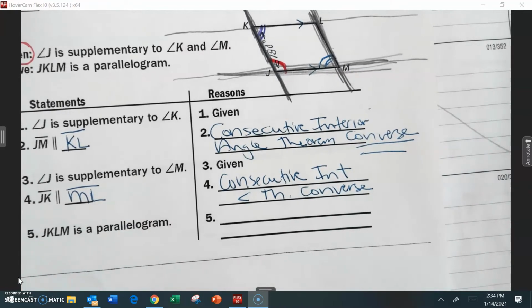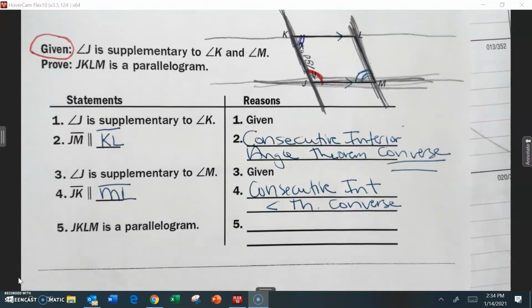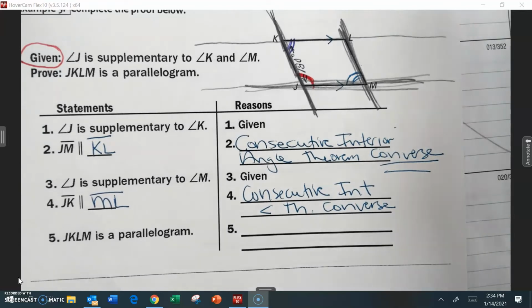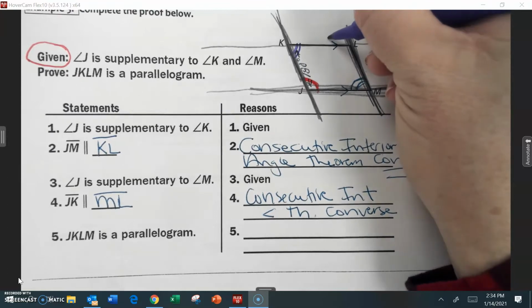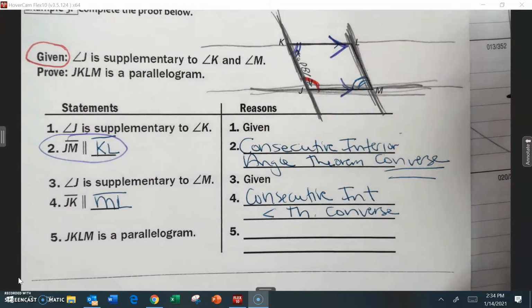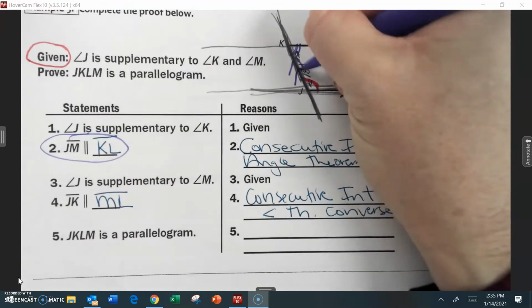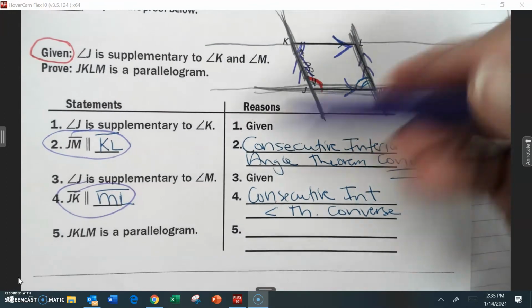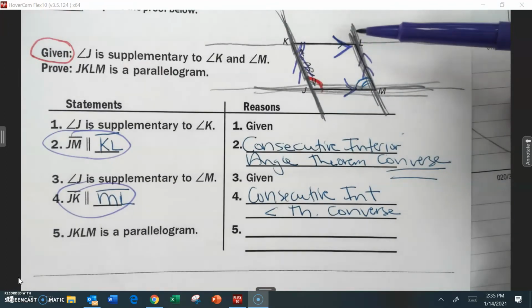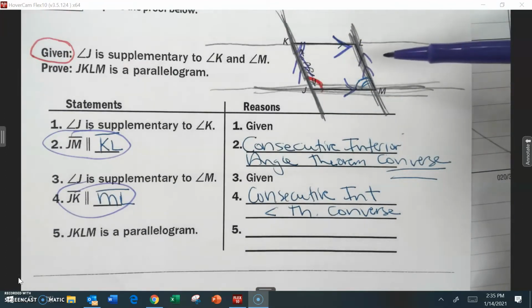just like you wrote in number 4. And then finally, if you think about what we just proved, we said in step 2 that this pair is parallel. From step 4 we proved that these opposite sides are parallel. So why is it that JKLM is a parallelogram?